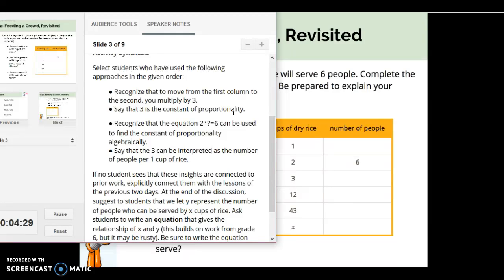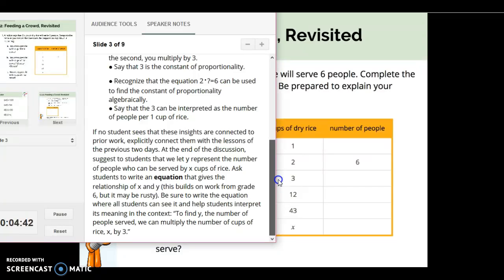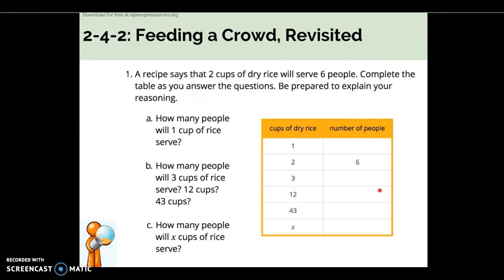So therefore we can use the equation 2 times what to find the constant of proportionality, and in that case it would be 3. So hopefully a few of us were able to find that, and if you were, then we realized that if we're multiplying from our first column to our second, we'd be multiplying by 3.